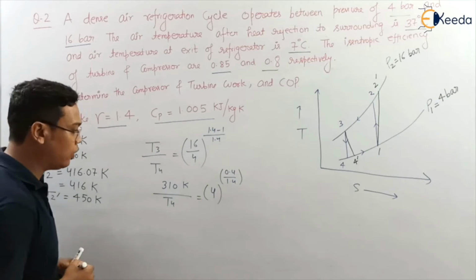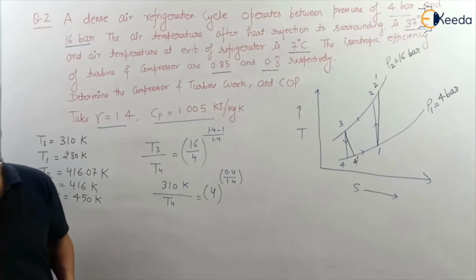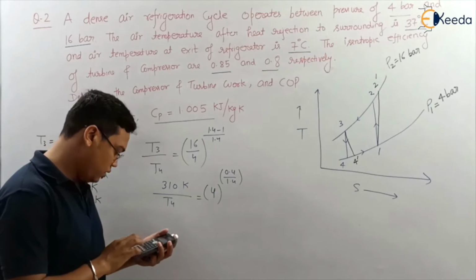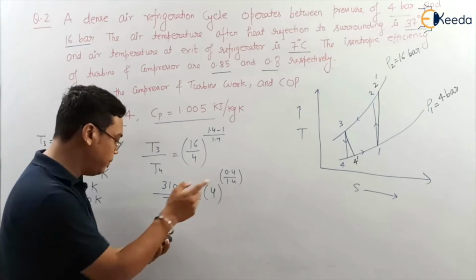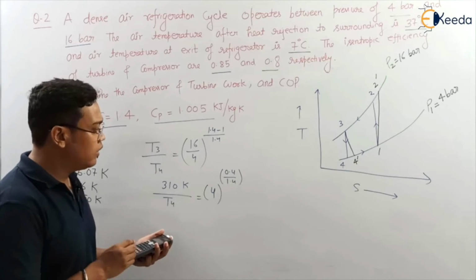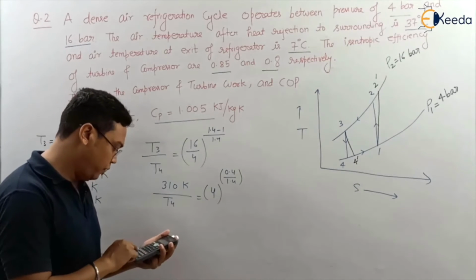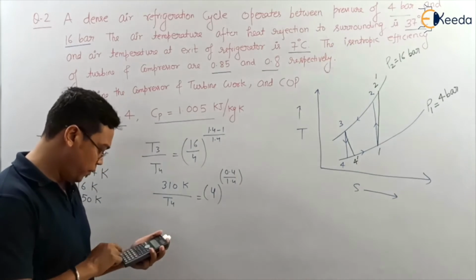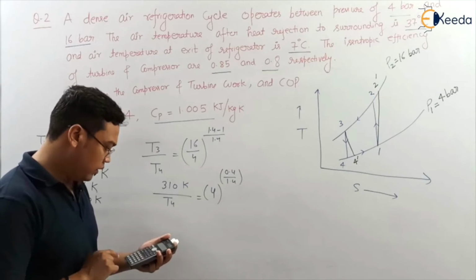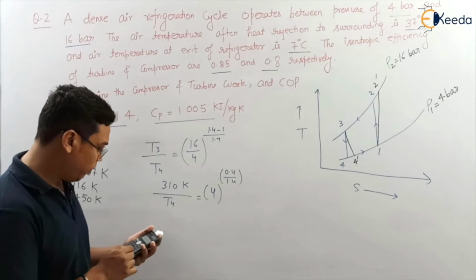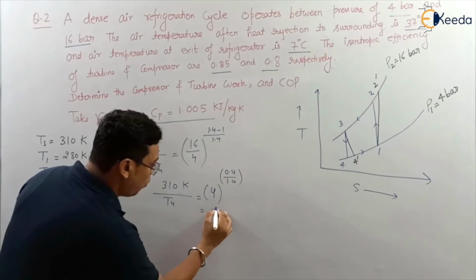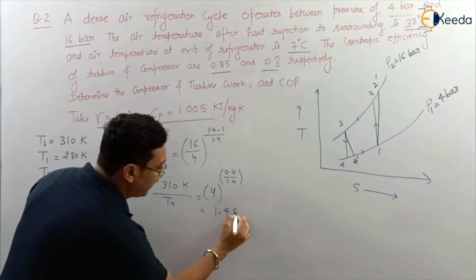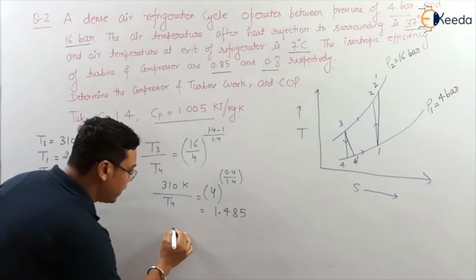So through calculator we will find out here 4 to the power, keep this value in bracket and during the calculation in calculator 0.4 divided by 1.4, again this we got 1.485. So T4 we can calculate.